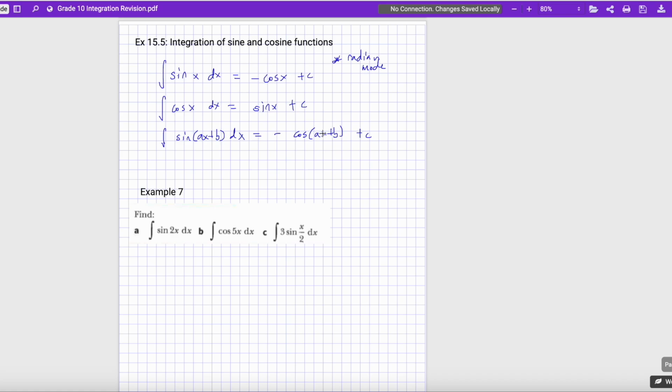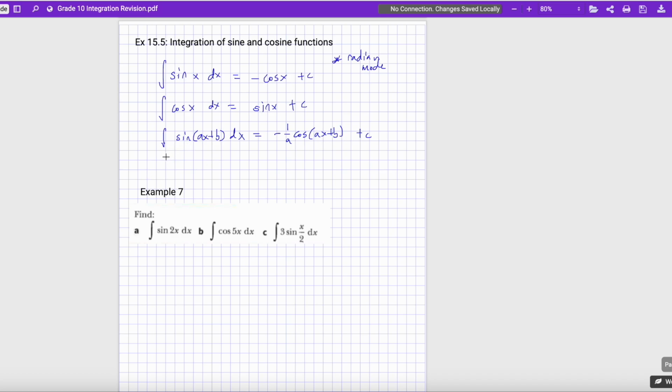And what we will do next is differentiate what's inside the bracket. In this case, ax plus b differentiates to a, and we will divide the whole thing by a. So it will be 1 over a times negative cosine. The general form is as such.